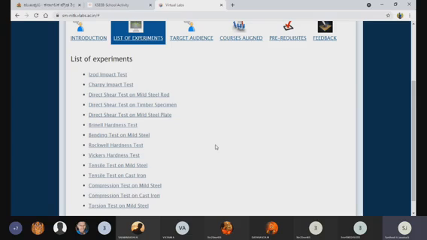We need to conduct all the 3 experiments. We have already gone through simulations of Rockwell hardness, Brinell hardness, and Vickers hardness. How Rockwell hardness testing is performed, and how the Vickers and Brinell machines are operated. What the parameters will be, how we need to select the parameters, and how we need to control the machines.